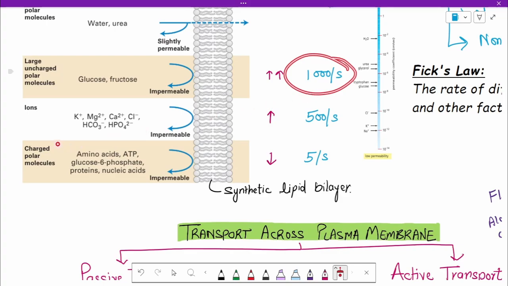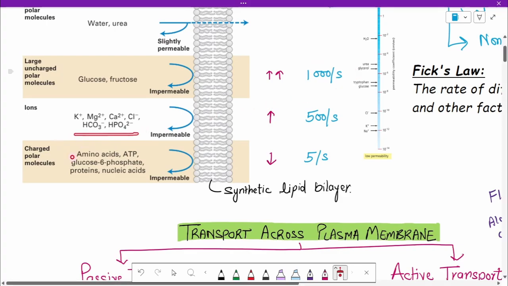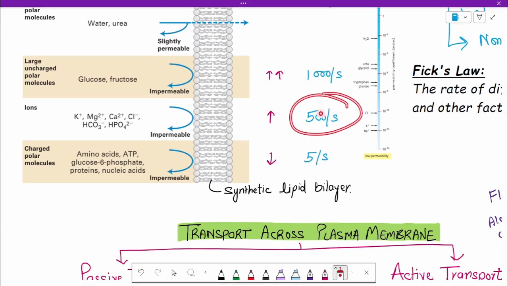Similar thing happens with small charged ions like potassium. This number goes way below 500 ions per second. So, we can say that this membrane is relatively impermeable to these small charged ions.